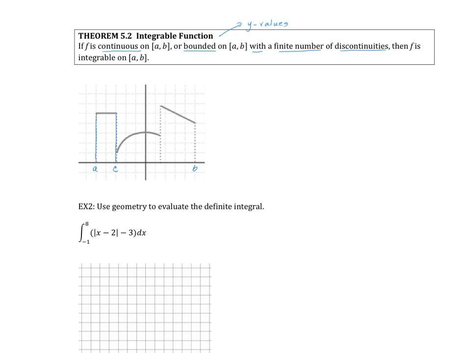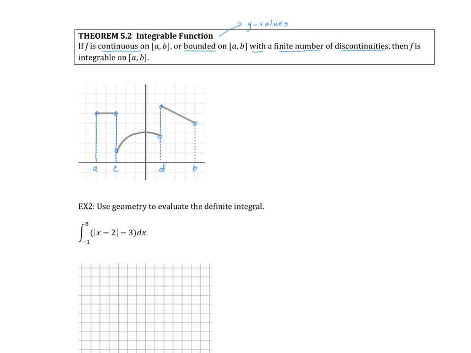Clearly this is not continuous, right? Because I have these discontinuities. And I'll call this D. I clearly have discontinuities, but that's okay because this is bounded. Notice there's no vertical asymptote. My y values don't go up to positive infinity or down to negative infinity. So it is integrable.